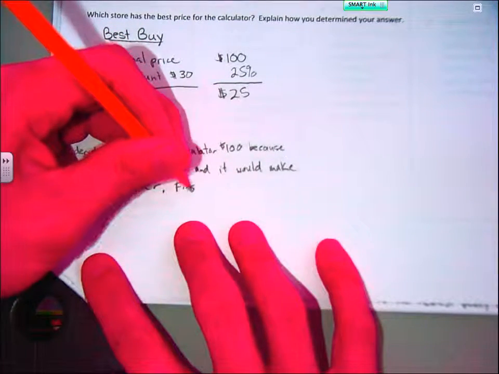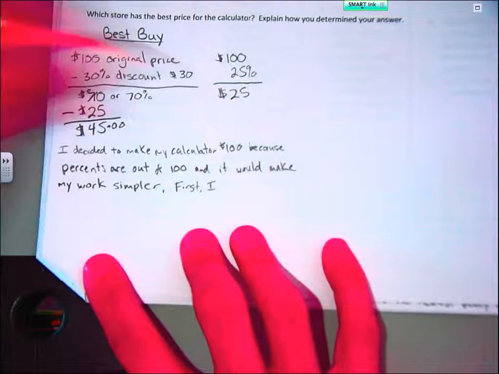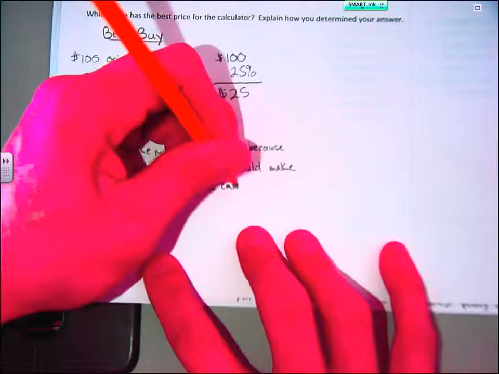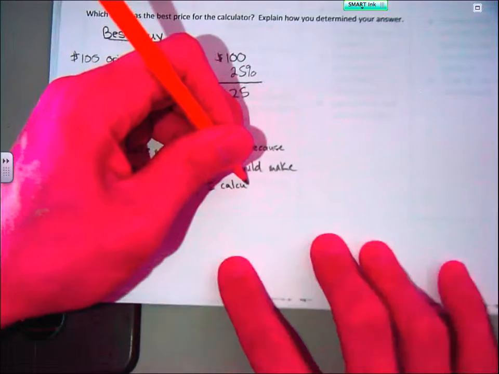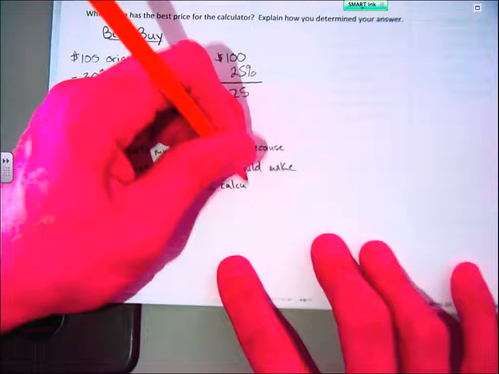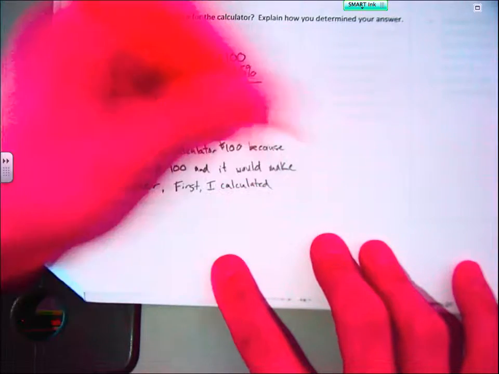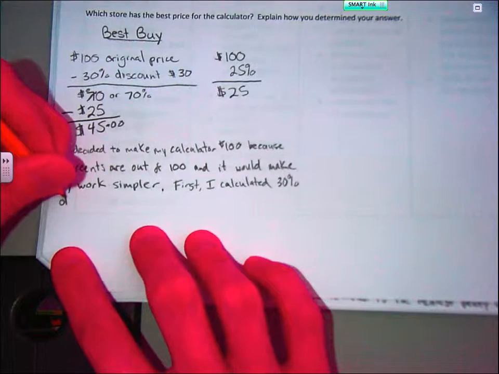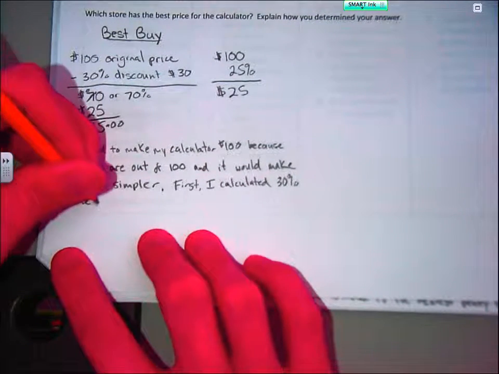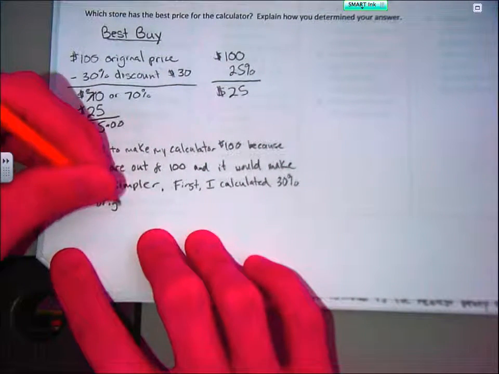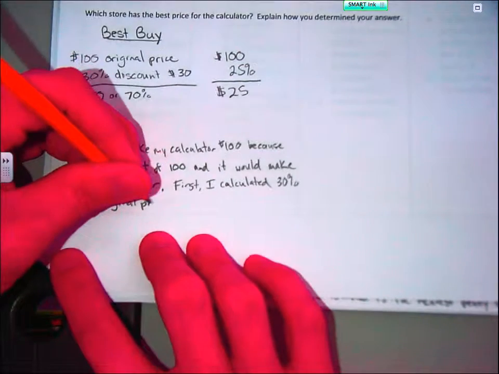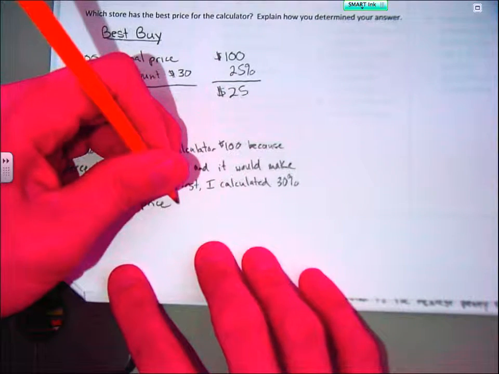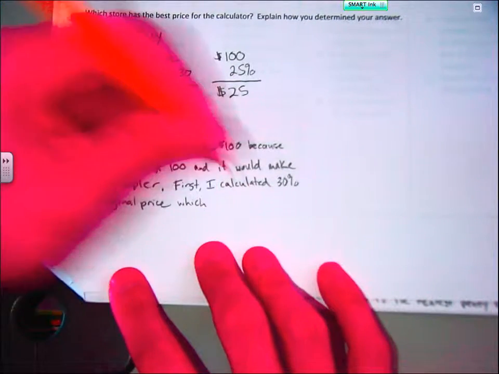First, I calculated 30% of the original price, which is $30.